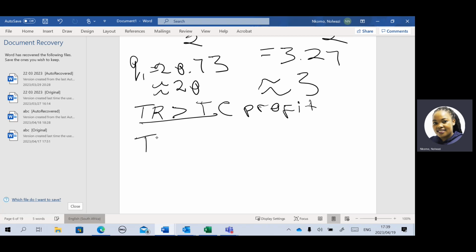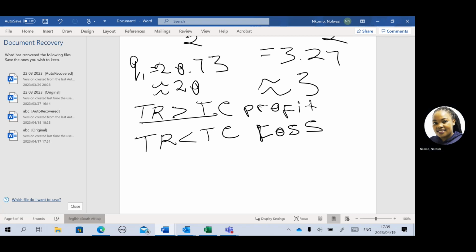And then you can use this condition to find the points whereby the loss, okay, this is loss. Right, you can use this to determine where the profits will be made and where the loss would be made. Okay, for now I only find the points whereby let's break even. Okay, let's move on.